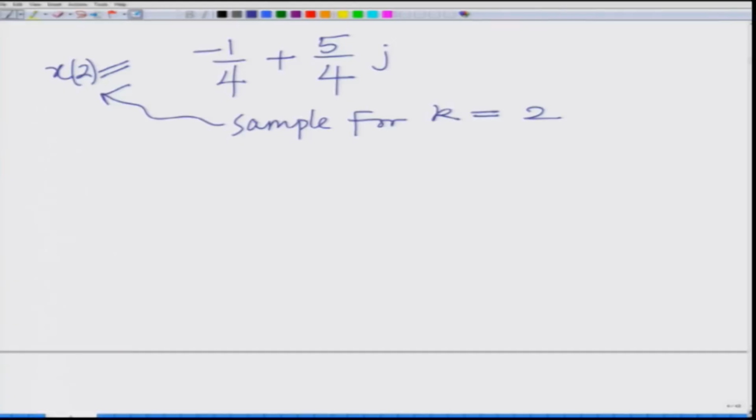And similarly we can do the sample small x3 corresponding to k equal to 3, just to be a little more explicit and illustrate how to compute these things, although I am sure that all of you can do this simple 4-point IFFT yourself.